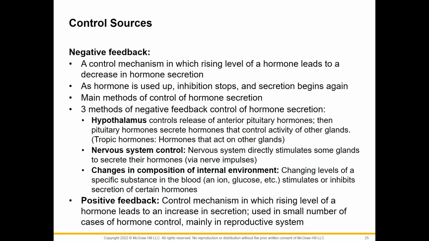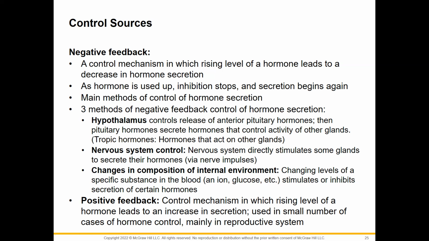So I'm going to do what I can to hurry up and get back to where I want to be. That's negative feedback. Positive feedback says, all right, we finally have the changes that we want. Let's make these changes stronger. We want this to occur until the desired function happens. All right. So, negative feedback is a control mechanism in which rising levels of a hormone lead to a decrease in hormone secretion.